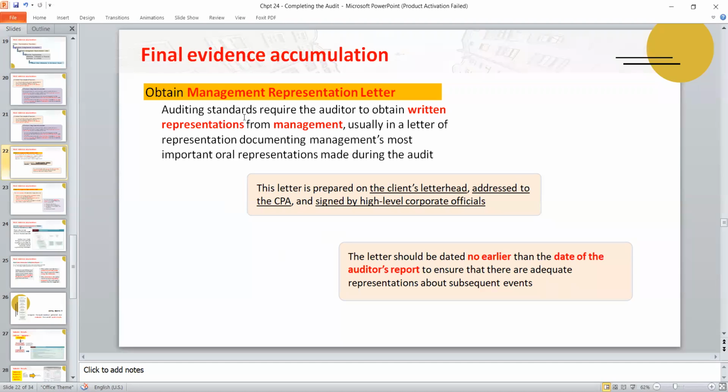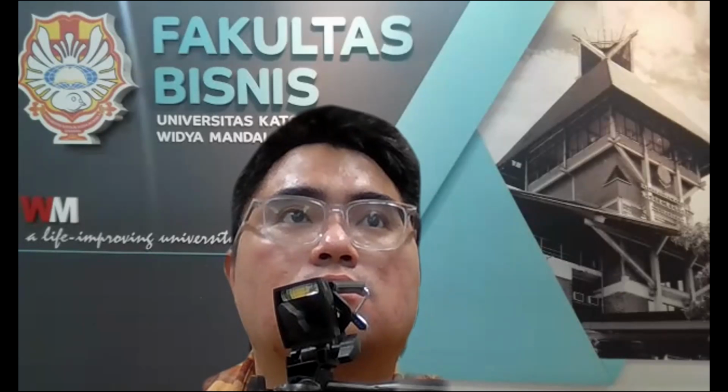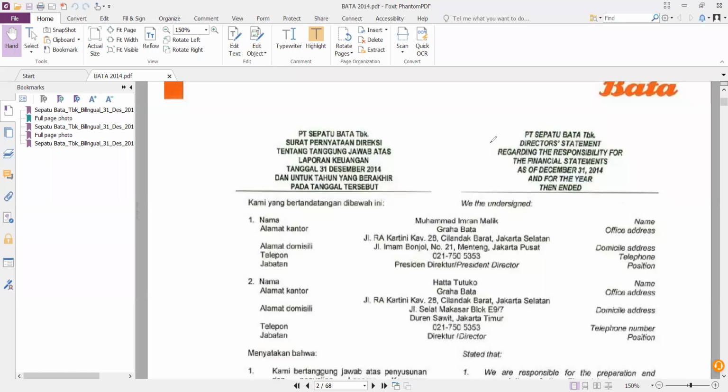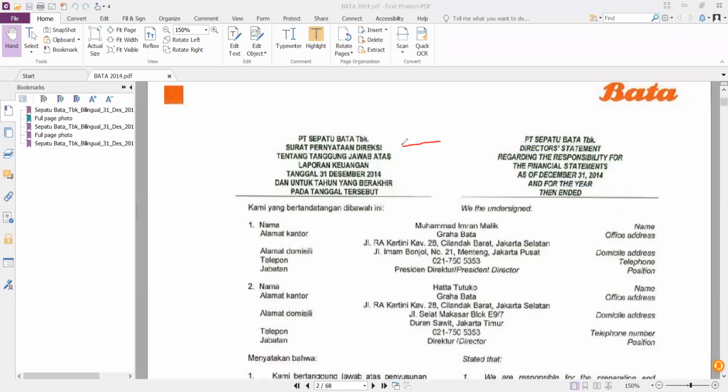Okay, so that's the management representation letter. Also, don't get confused about this one. This is the surat pernyataan direksi, the director statement. It is also different. So you already know the three terms.